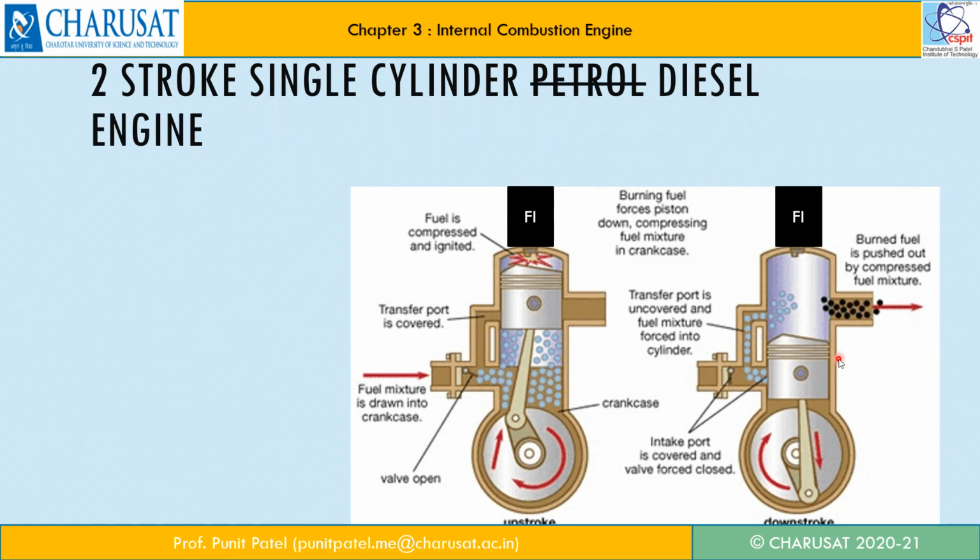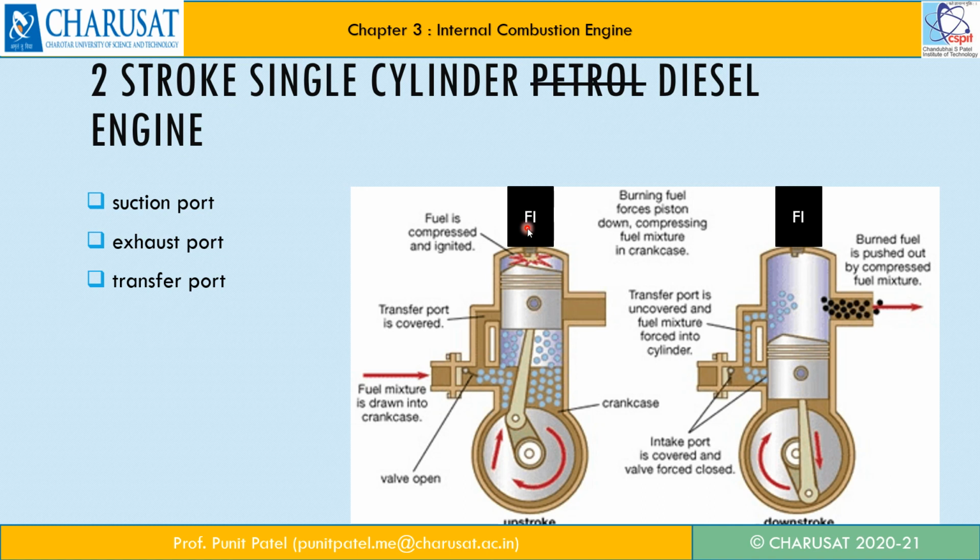Now let's talk about the two-stroke single cylinder diesel engine. Here we have the same kind of discussion, only the difference is that instead of the fuel mixture we have fresh air, and instead of the spark plug we have a fuel injector.